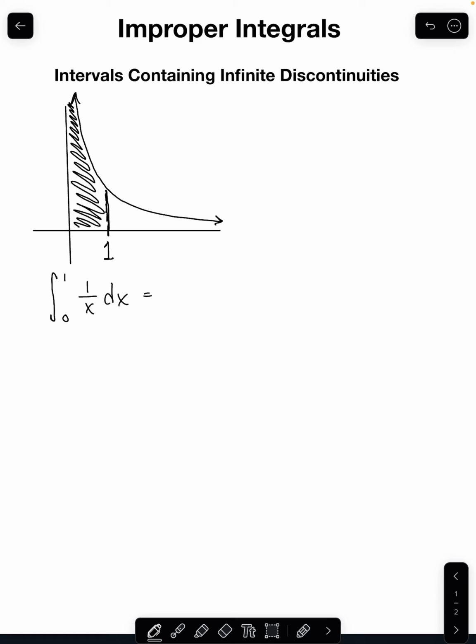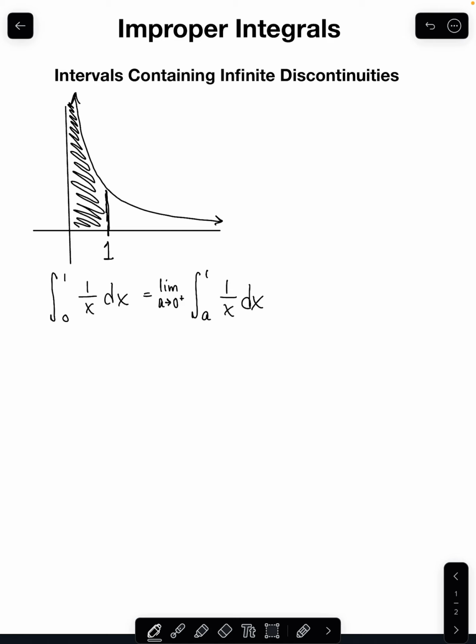So in a case such as this, we would replace the lower limit of integration, 0, with a, and then precede the integral with a limit as a approaches 0 from the right.